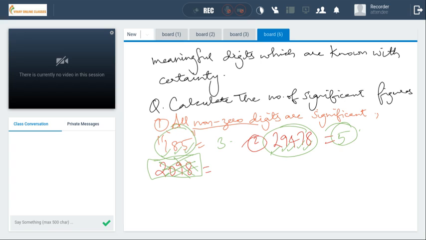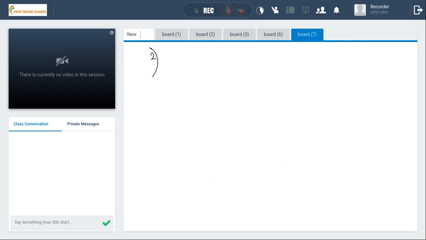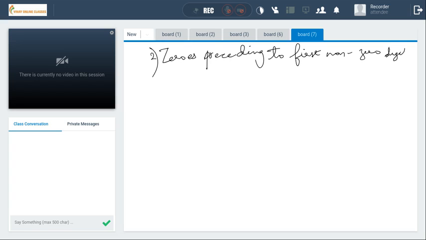Okay, now the next point, the second point: zeros preceding the first non-zero digit are not significant.